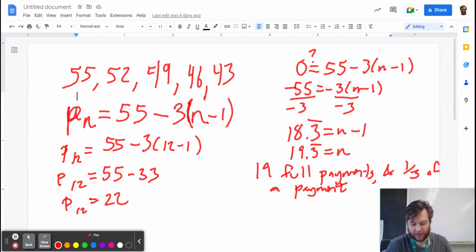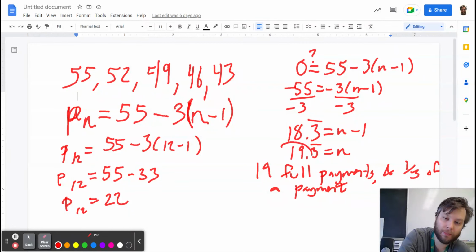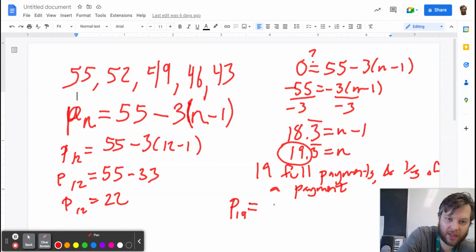And then part D says find the amount of the last payment. Well, we figured out that it's a third. It landed kind of nicely. So a third of a normal payment, a third of $3 is $1. But wait, let's say the numbers were worse. What we could do is use the whole number part here and say that on P19, we're going to go 55 minus 3 times 19 minus 1.